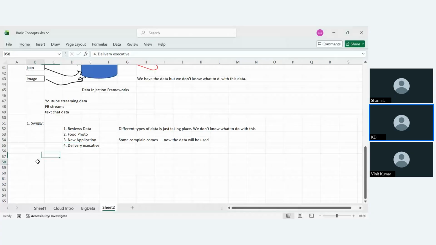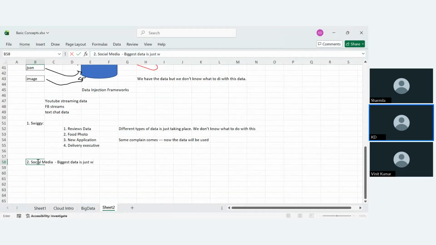In the same way, let's see, a lot of data is there from social media. Social media is the biggest data generator. This is the place where the biggest data is waving like a tsunami. So there is a lot of data.